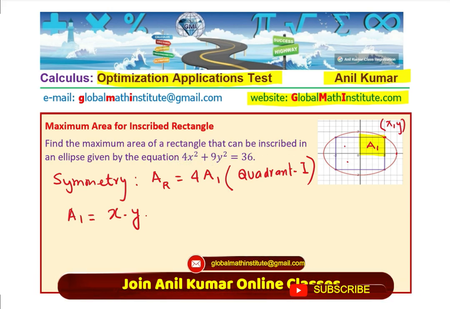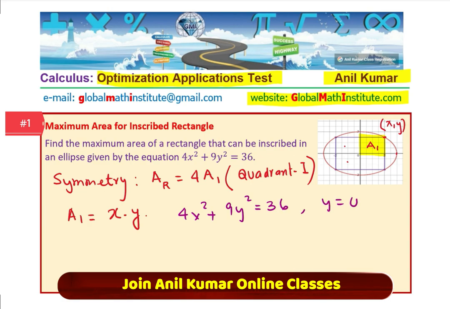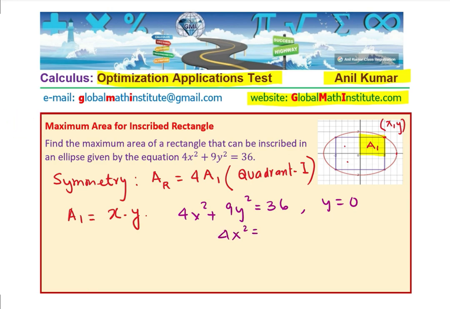We are given the equation 4x squared plus 9y squared equals 36. And if y is equal to 0, what could be the value of x? Well, in that case, we have 4x squared equals 36, or x squared equals 36 over 4, which is 9.